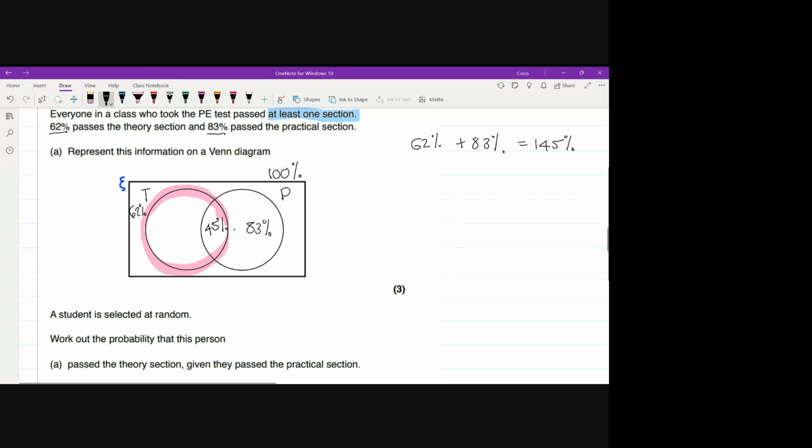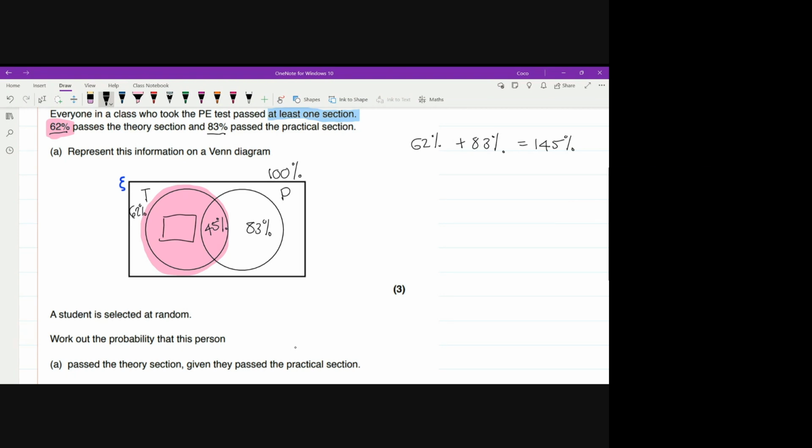Okay, I'll say that again. I know that the 62% of people passed the theory part, but do you see how in the theory circle, the 45% has already been counted? It's already been counted in this section. So how do I figure out how much goes in the theory only part? That's it. Correct, well done.